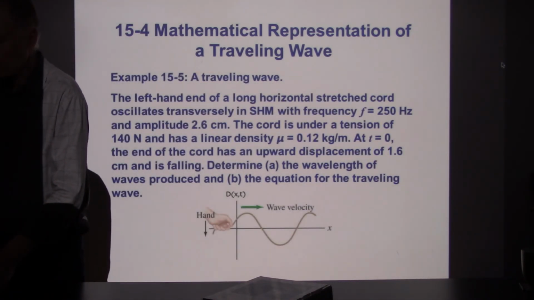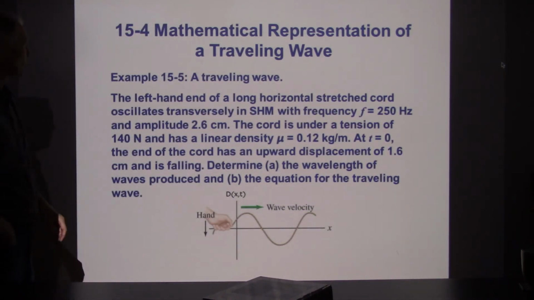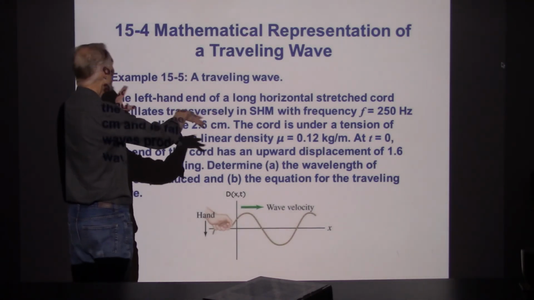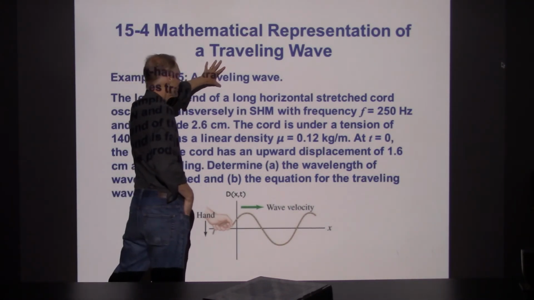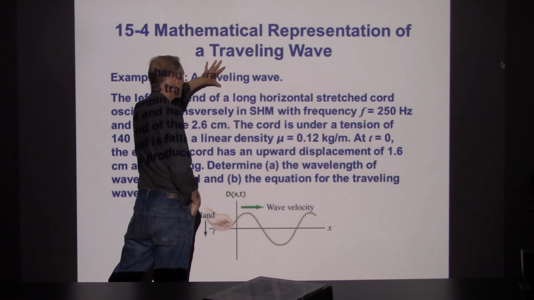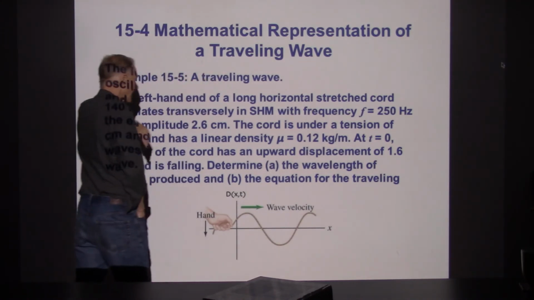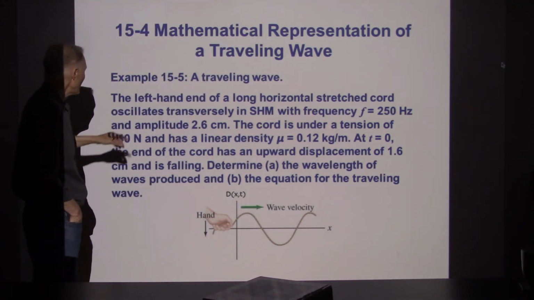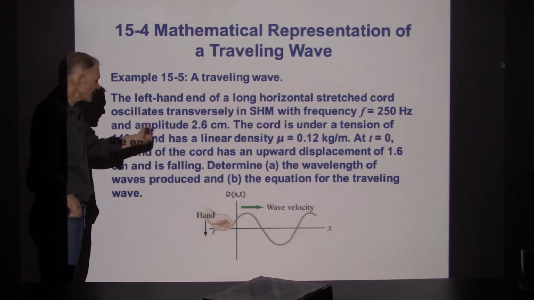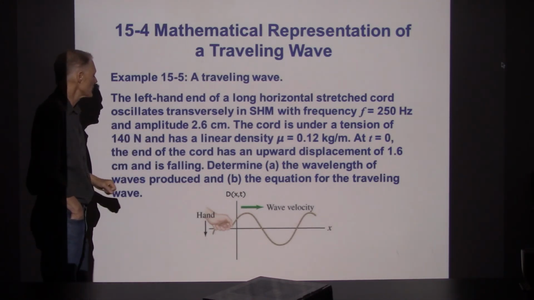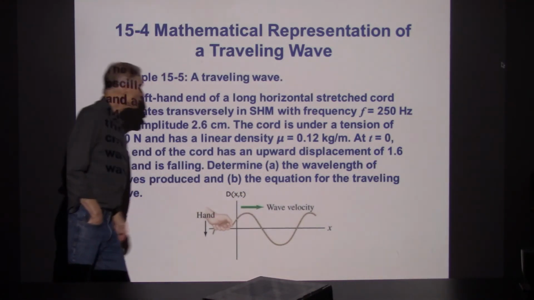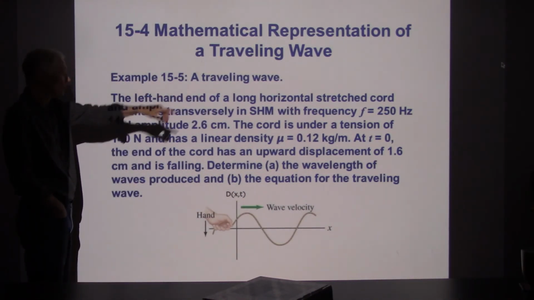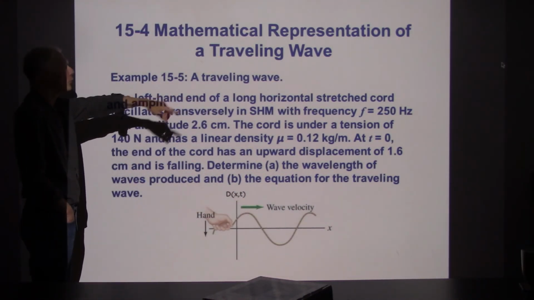All right, let's try this. And so what we do is, now all along what we've been looking at is a traveling wave. It's a wave that's traveling, has a wave velocity to it. So here we're setting up these harmonic disturbances in this string. It says that the frequency here is 250 hertz.